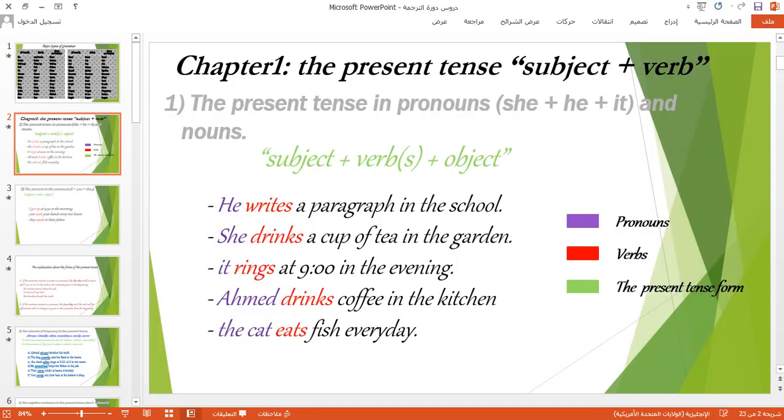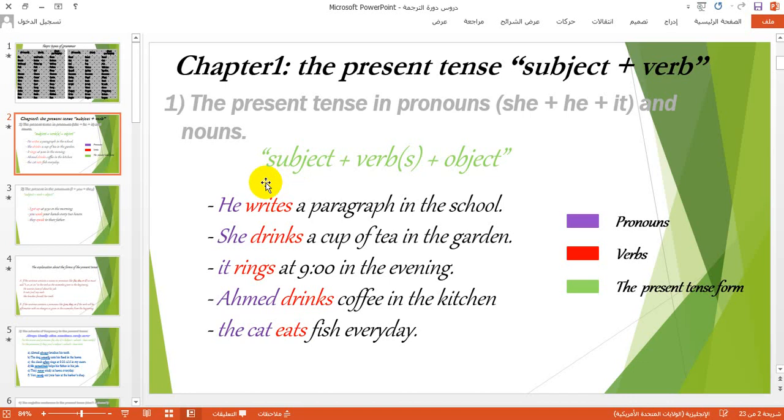The form of the present tense is below. As you look at this slide, the subject plus the verb plus s and the object. As you see in the examples, he belongs to the subject, which is he, she, it, whether it is a pronoun or the name of a person, I mean the noun.